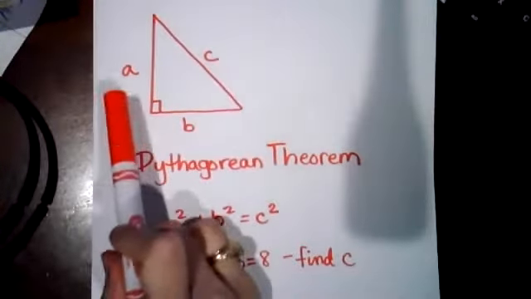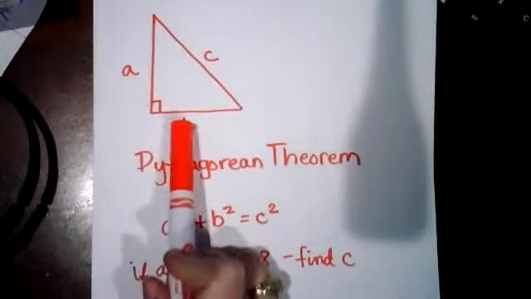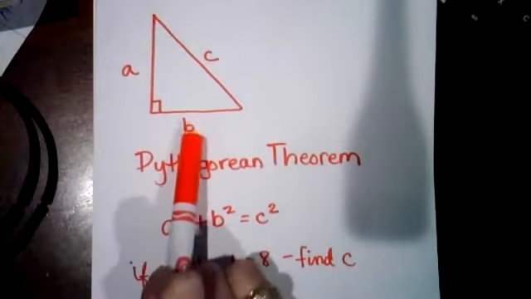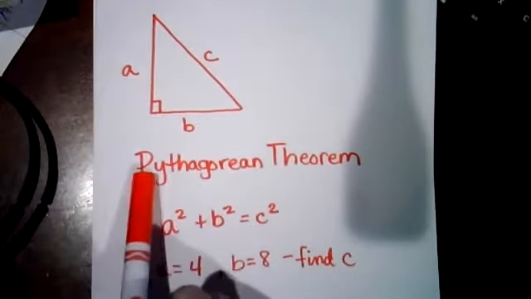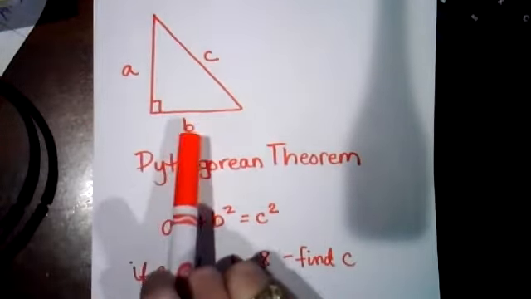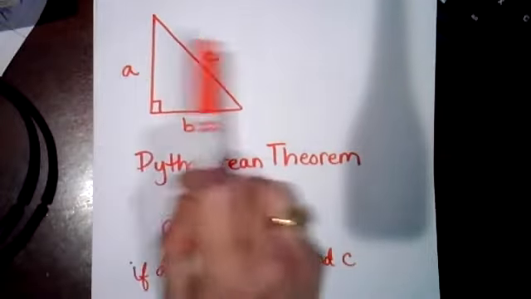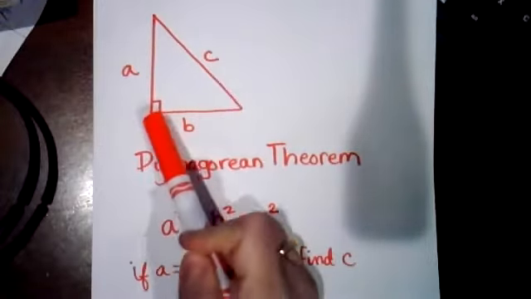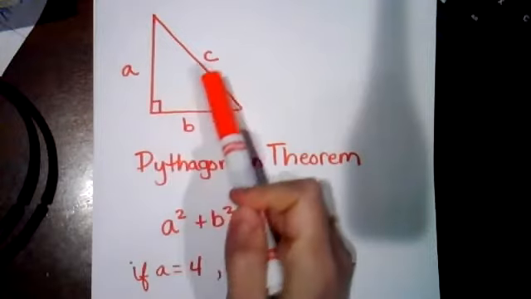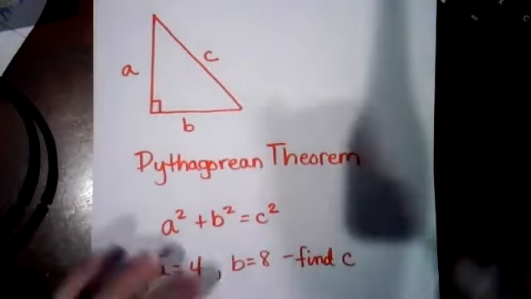All right, we will always be labeling these, and we call the sides of the triangle legs. Okay, so we will always label the legs a and b, and the hypotenuse, which is across from the 90-degree angle, is always labeled with a c.